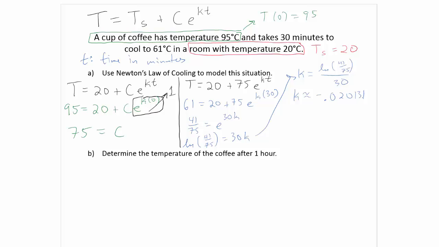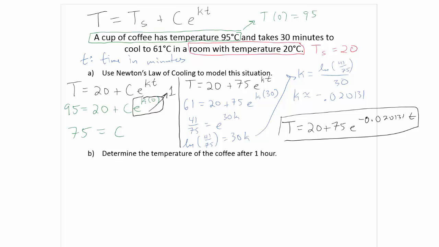And so then, revising my model again, now that we have all the information, my algebraic model is T is equal to 20 plus 75 e to the negative 0.020131 little t. Alright, so we used calculus to come up with the algebraic model, and then we used a bunch of algebra to come up with a more revised algebraic model.